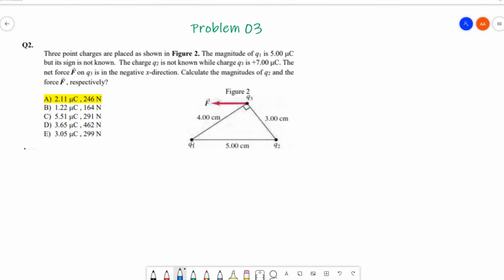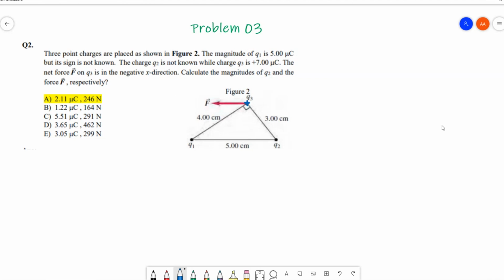The charge Q2 is not known, while Q3 here is plus 7, so I can put here plus. This one, only the sign is not known. The force F, this one in red, on Q3 is in negative x direction. So the direction is here. Calculate the magnitude of Q2 and the force F respectively.